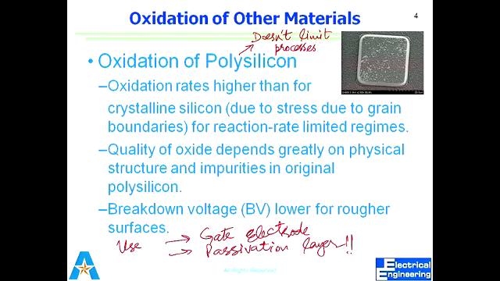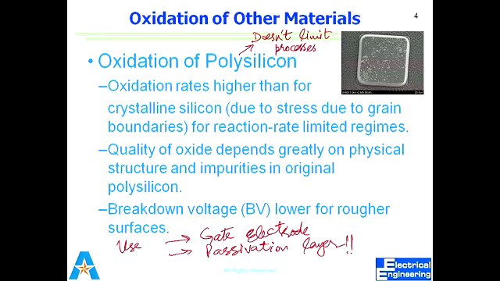The boundary where one orientation differs from the other inside the polycrystalline material is named the grain boundary. You may have heard about that. It differentiates two parts of a crystalline form. If we thermally oxidize polysilicon, the oxidation rate for crystalline silicon is lower compared to polysilicon. Polysilicon gives you a higher rate.